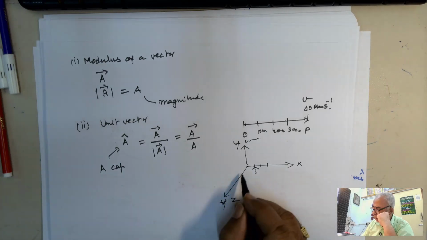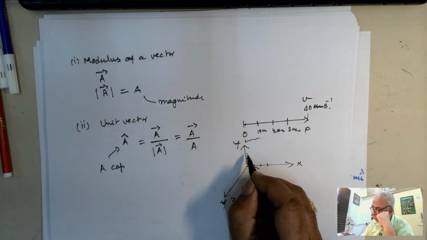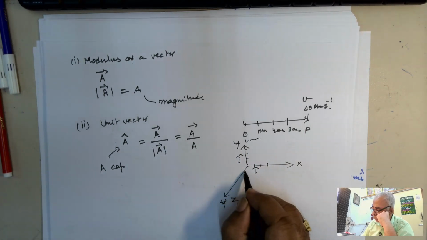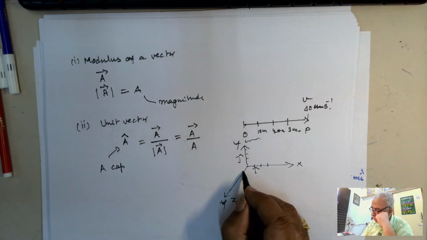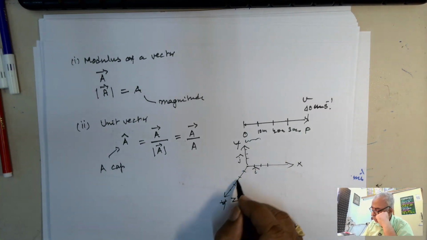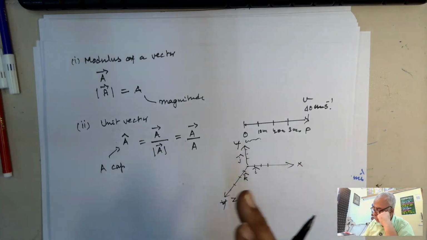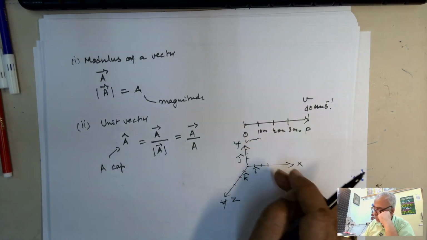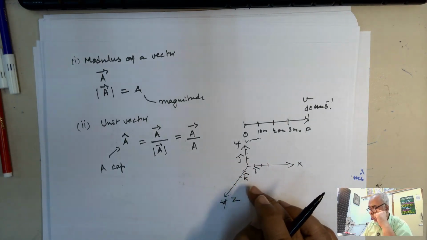Along the y-axis, that is 1 centimeter, 2, 3, and so on, this is called j cap. And along the z-axis, that is above the plane of the paper, it is 1, 2, 3, and so on, so it is called k cap. Are you able to follow? So the unit vector along the x-axis is called I cap, along the y-axis j cap, and along the z-axis k cap.